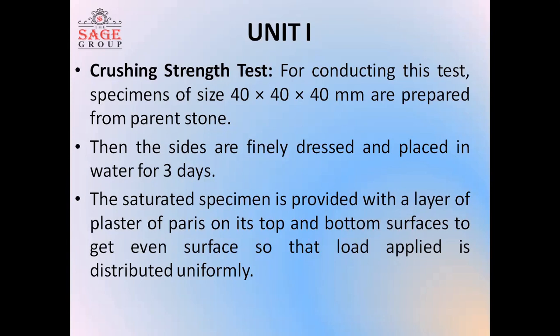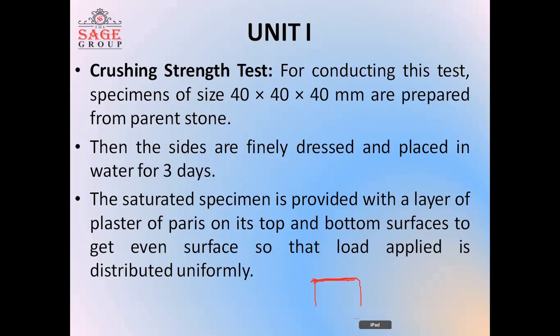The saturated specimen is provided with a layer of plaster of Paris on its top and bottom, so that the surfaces become even and the load applied on the stone is distributed uniformly. That means if a stone has an irregular shape, a plaster of Paris layer is applied on the top and the bottom.